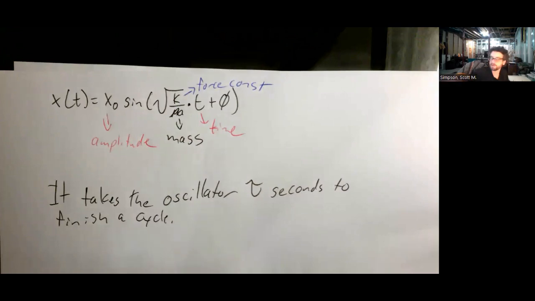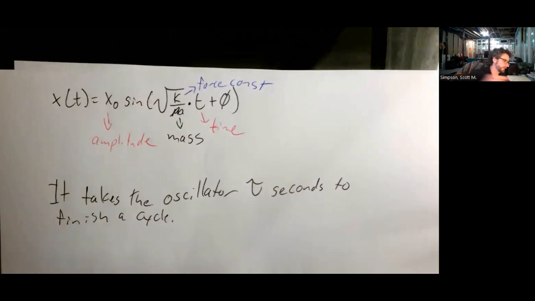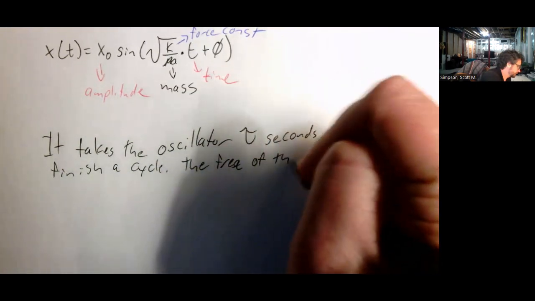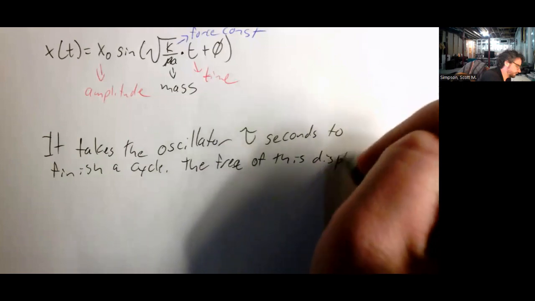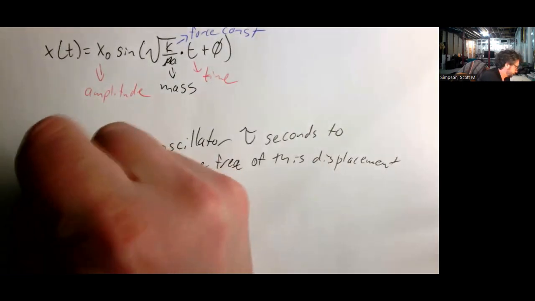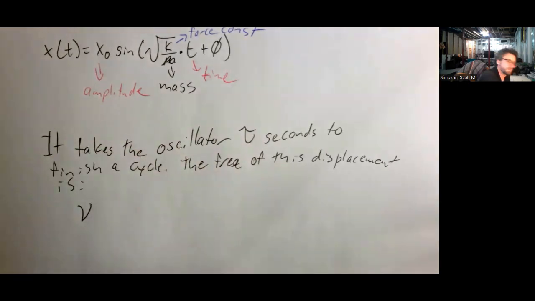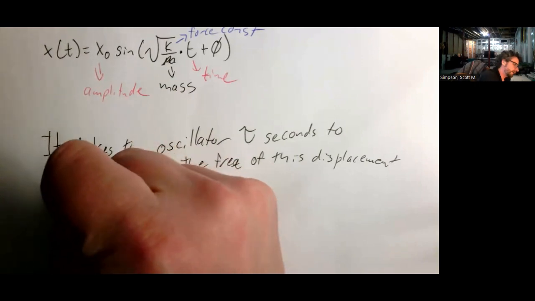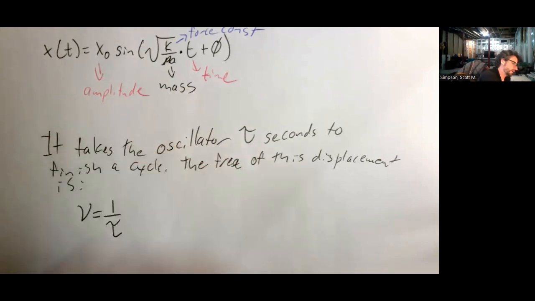The frequency of this displacement then, so we'll use nu as our frequency because we always do that, would be equivalent to 1 over tau.